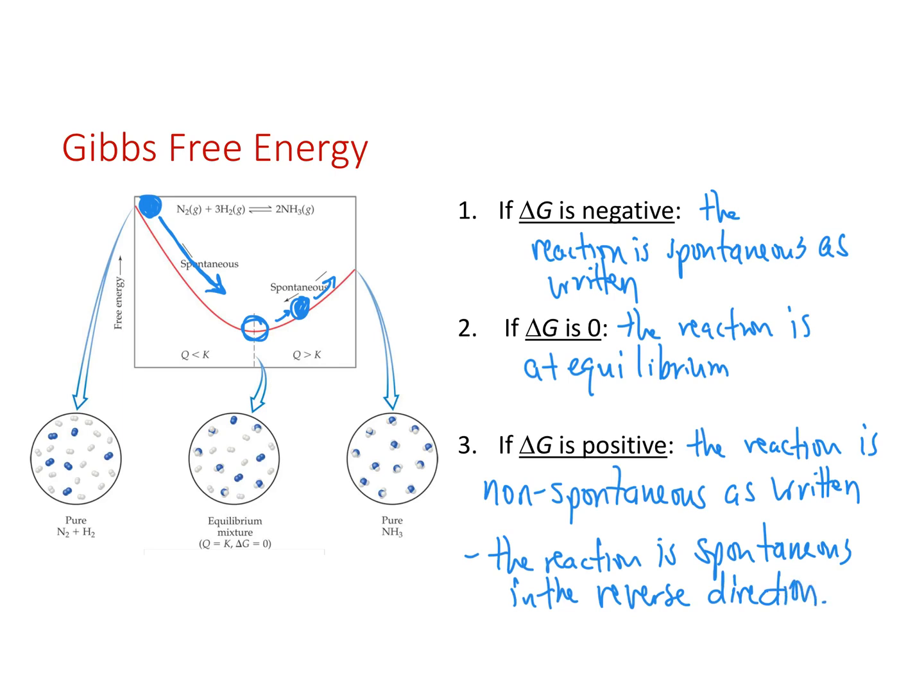We are trying to get to the lowest free energy possible. That's what's going to determine what direction a reaction will move. We always want to go downhill with respect to our energy. We want to go to a lower energy state. And so if we have a negative delta G, we are getting to that lower energy state. We are rolling down that mountain. If we are at the valley, at the bottom of that mountain, we've reached equilibrium. We can't go any lower. That's the lowest energy state we've found.